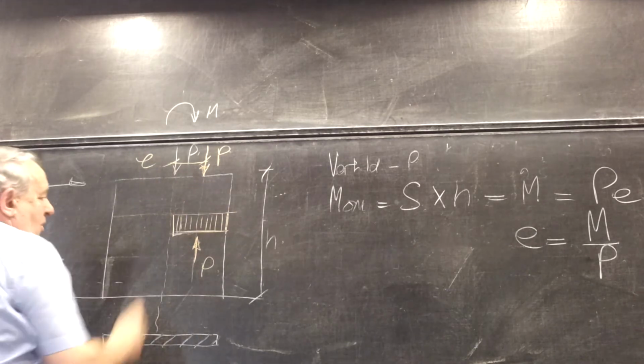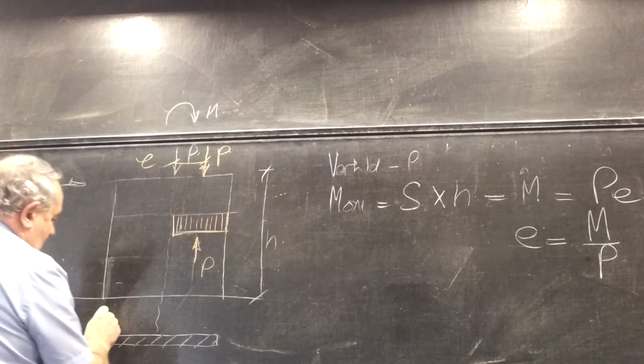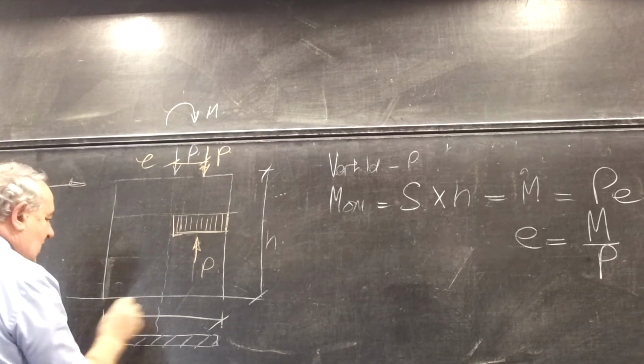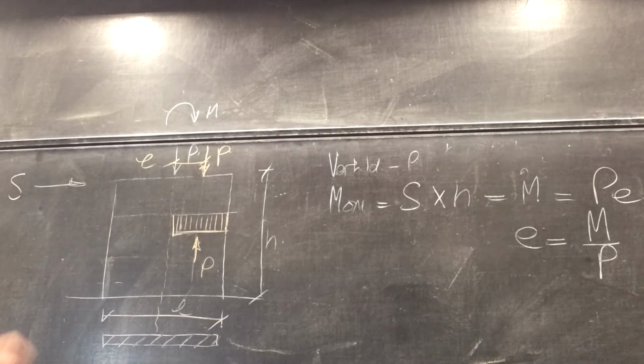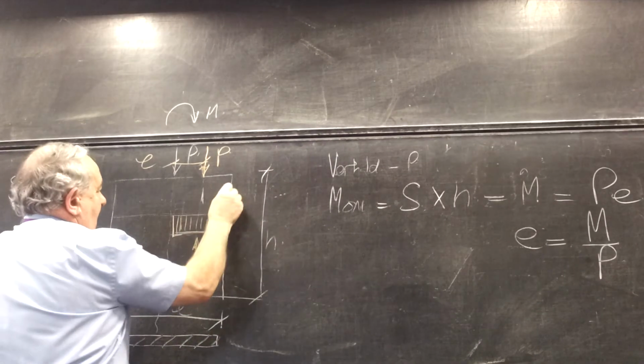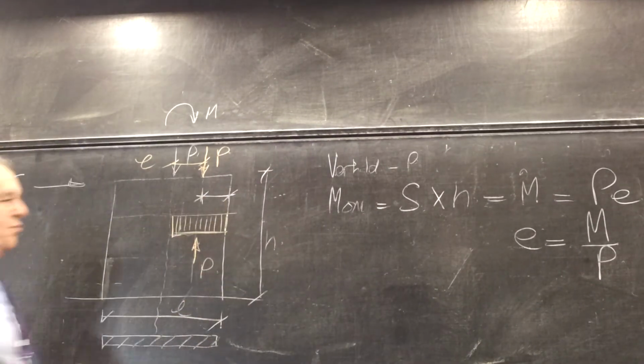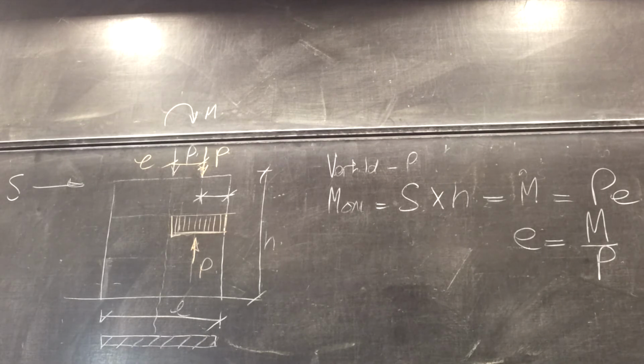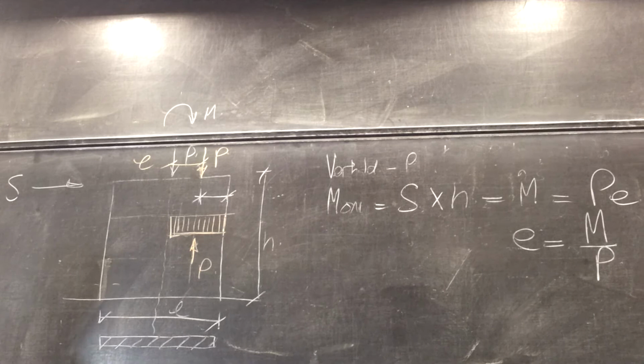So if you know the length of the wall, let's assume the wall has a length L, this distance in there will be what? L minus E over 2. Sorry? L minus E over 2. No?